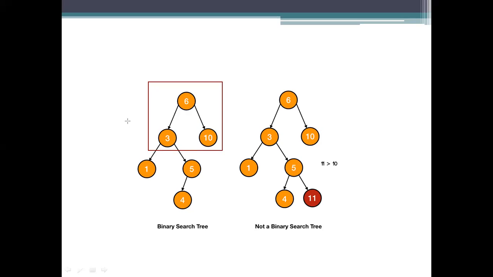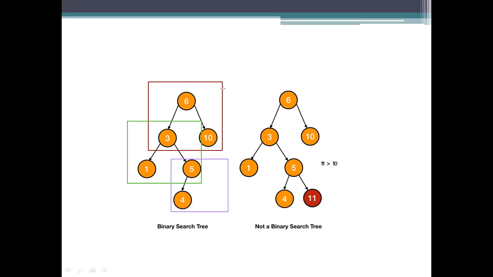This one is one subtree, and this other representation is another subtree. We need to check whether these satisfy the properties of a BST.